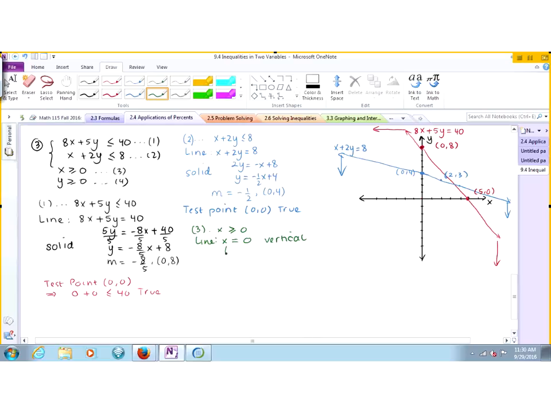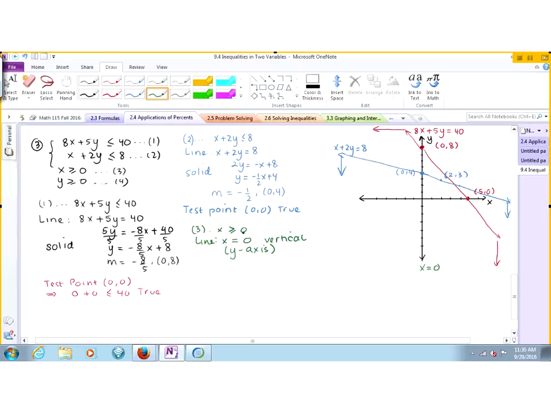So x equals 0 is actually the y-axis. On the y-axis, x is always 0, right? So this is the line x equals 0, and it's solid.